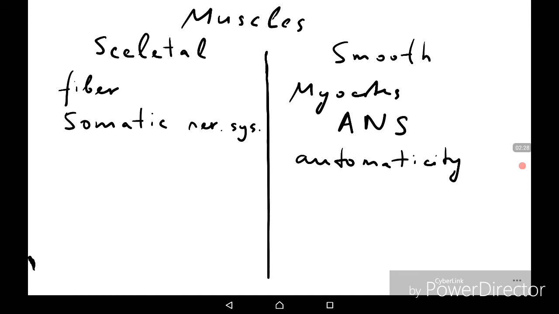Skeletal muscles are rapid. One single contraction duration is about 0.11 seconds. Smooth muscles are moving slowly. They are slow.